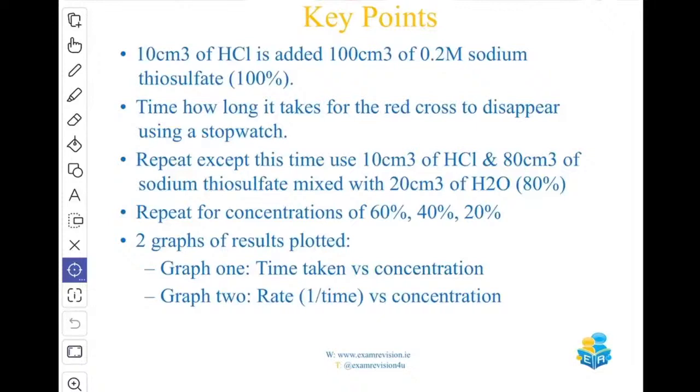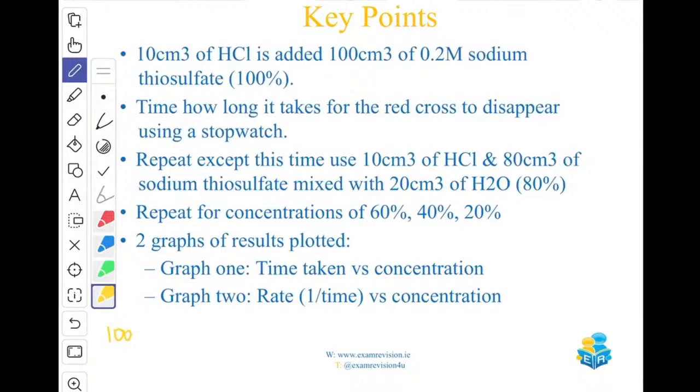So usually what would happen is you would add 10 centimeters cubed of HCl to 100 centimeters cubed of your sodium thiosulfate, and we would call this a 100% solution. So 100% would be 10 centimeters cubed of your HCl.